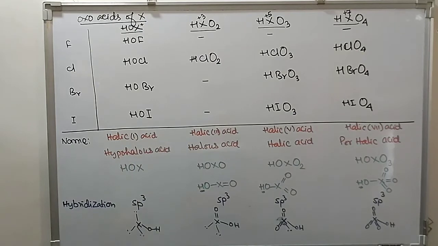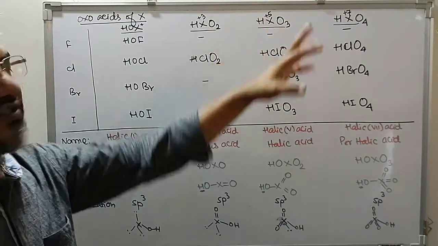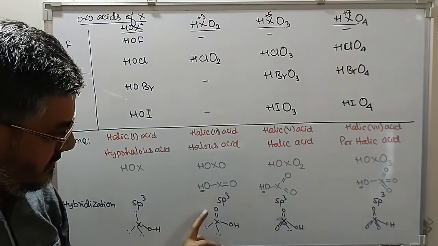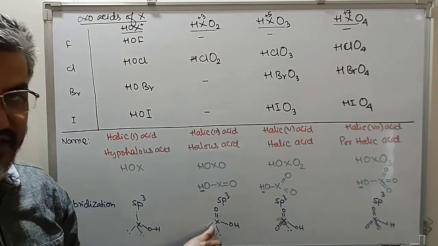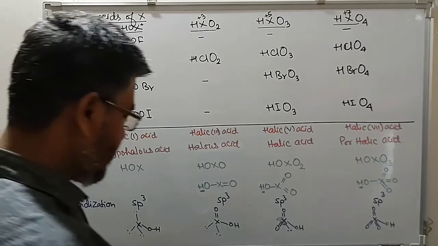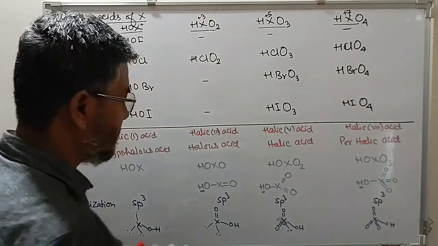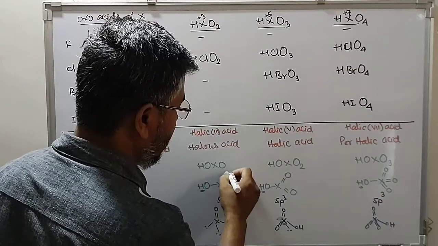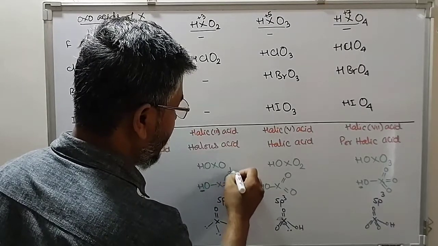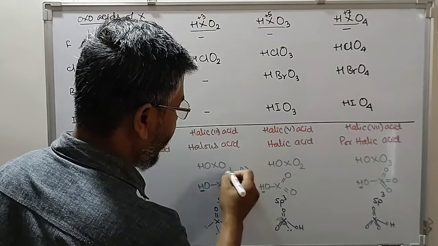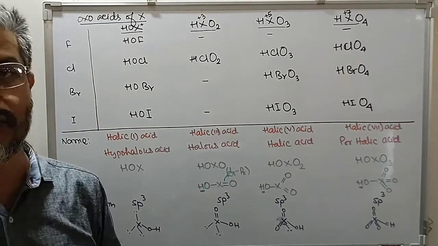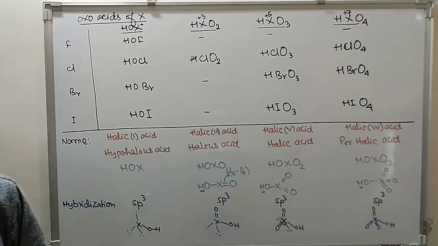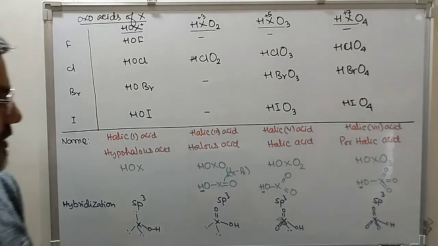Now look at this. These higher halogens form oxoacids in higher oxidation states. In all these oxoanions, the oxygen is stabilized by p pi d pi bond. This bond formed here is known as d pi p pi. Fluorine, as I told you, does not have vacant d orbitals, so its oxoanion cannot be stabilized by p pi d pi type bonding.